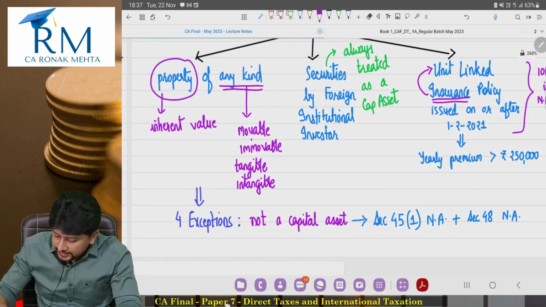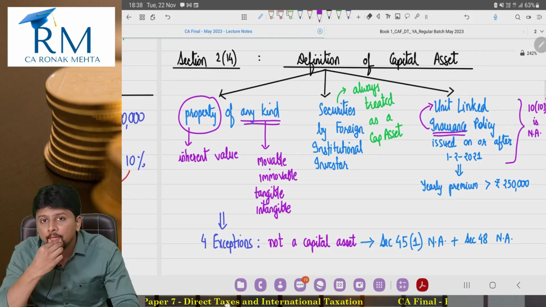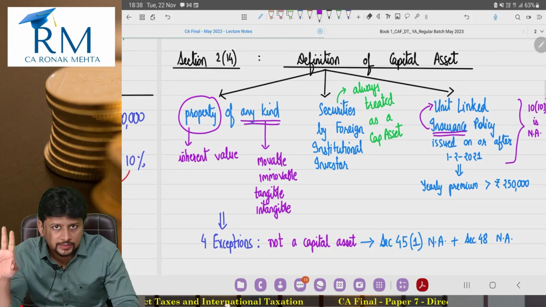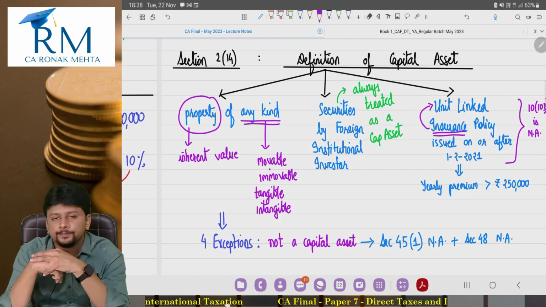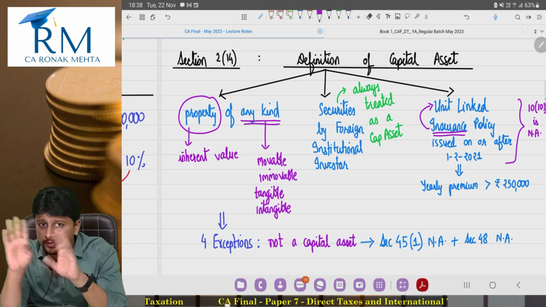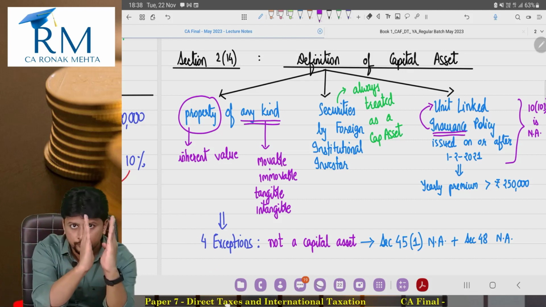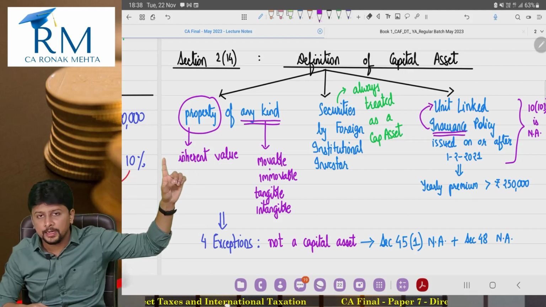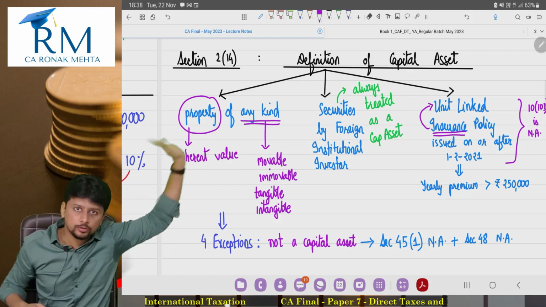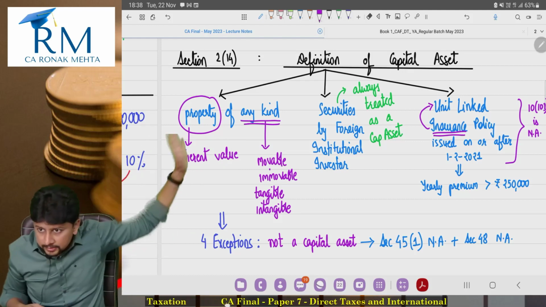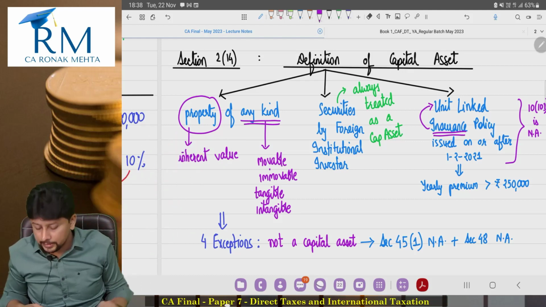Now the definition is actually not complete. See, the second part of the definition, securities, there is nothing to study. The third part of the definition, I told you we will be studying in depth, but later on. So now where we have to focus is on that first part. Second and third we are going to study later on. First part, this part is where we need to focus right now.